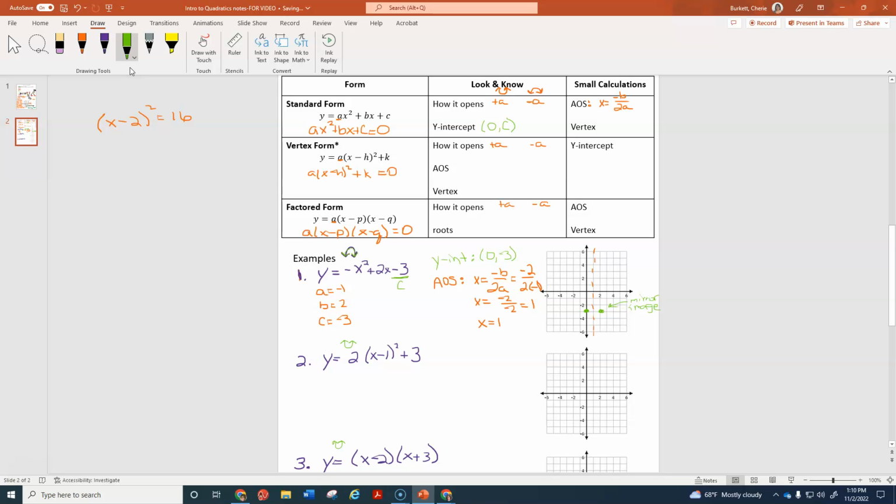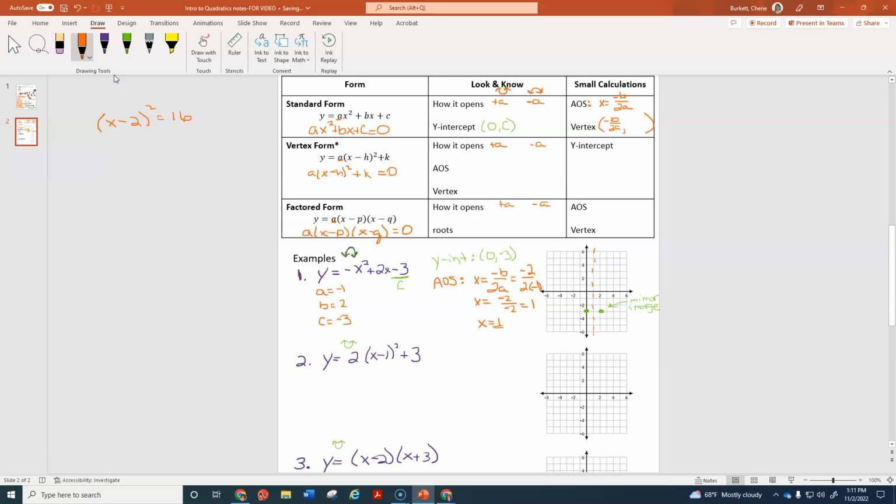Now the last thing I'm going to find is the vertex. Now the vertex, I already know the first value is -b over 2a. Now to find out what the y value is, I've got to take this -b over 2a and plug it into the equation. So my axis of symmetry is x equals 1.